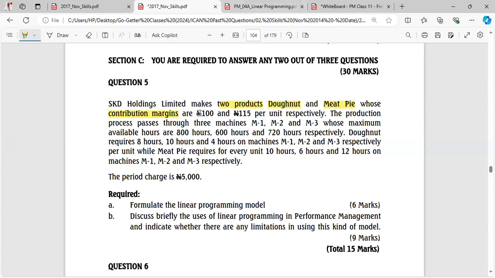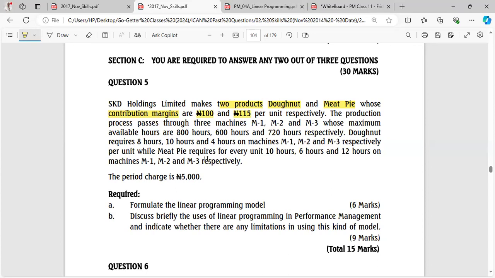Now, the contribution margins are 100 naira and 115 naira per unit respectively. So it means that for one donut, you make a contribution. We are not interested in the selling price, and we are not interested in the variable cost.